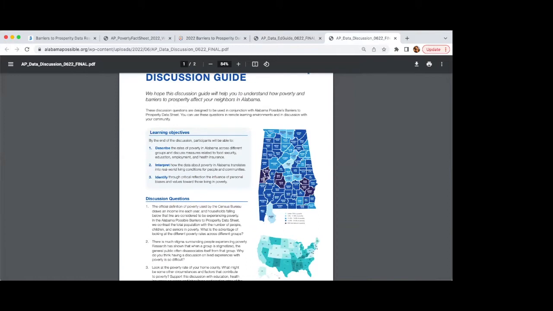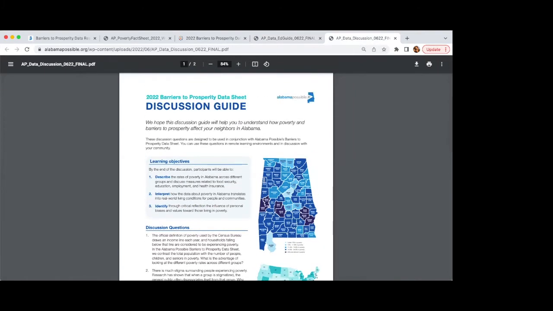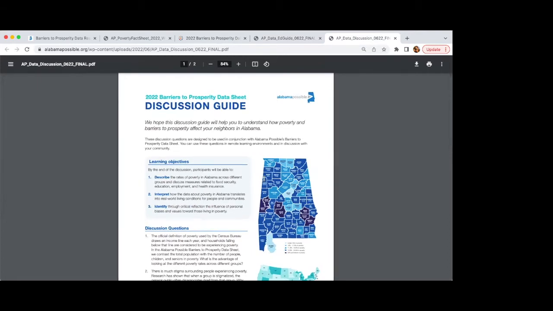So with the discussion guide, we're really hoping to motivate people to engage in community discussions. And it's just another way to encourage people to consider the data within the context of their day-to-day living circumstances. And also it provides an opportunity to critically reflect on the data that they're seeing. So that's our shorter community discussion guide.